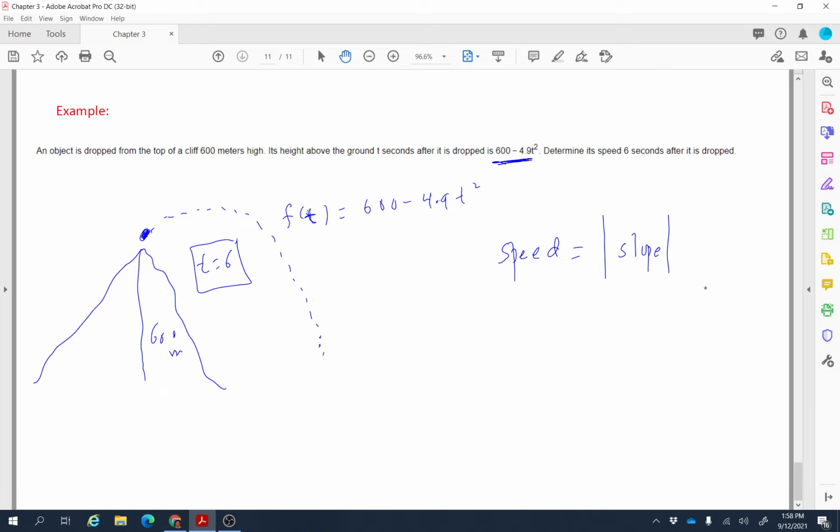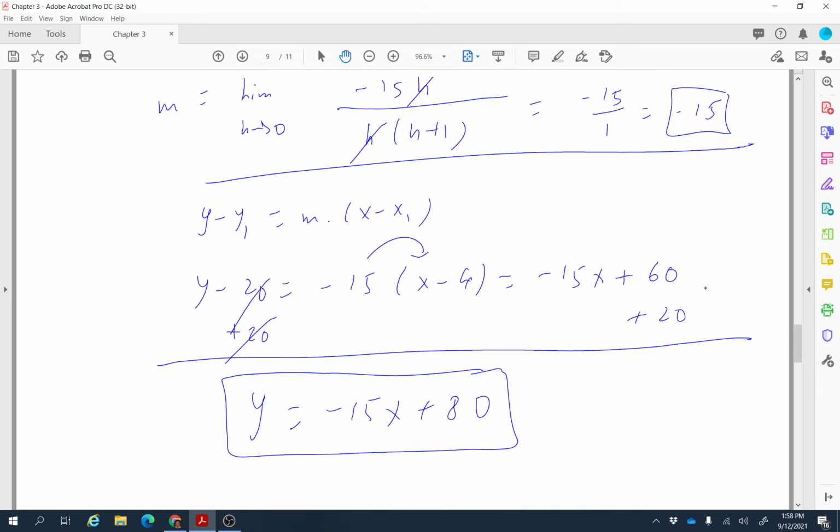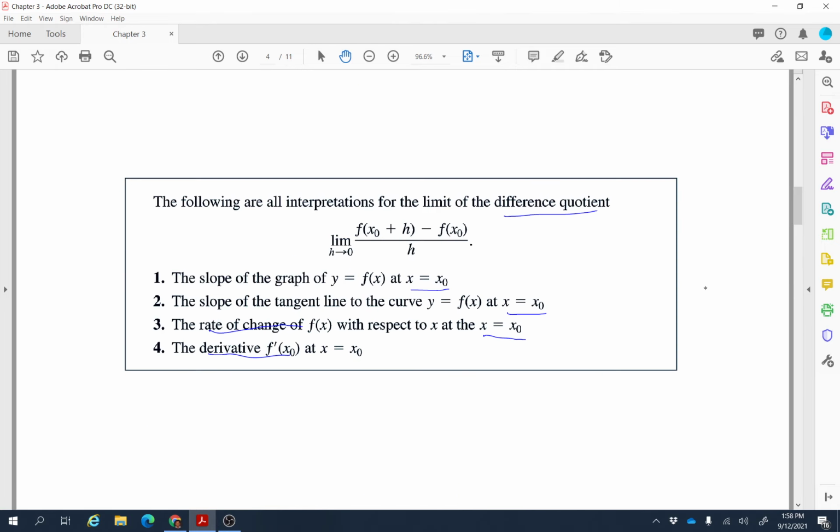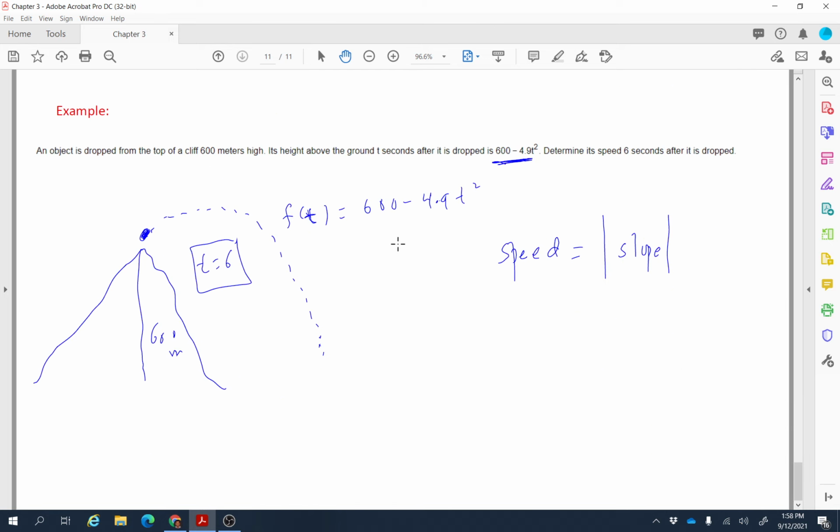So what we're looking for here is, we know the slope can be found by using this limit formula, and the absolute value of that slope is the speed. So the slope for this function is the limit as h approaches 0 of the value of the function at 6 plus h, minus the value of the function at 6, over h.